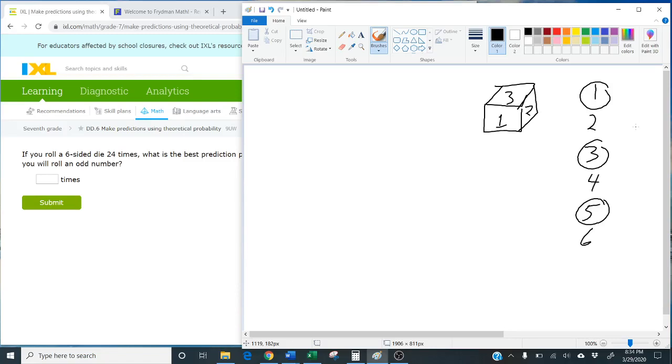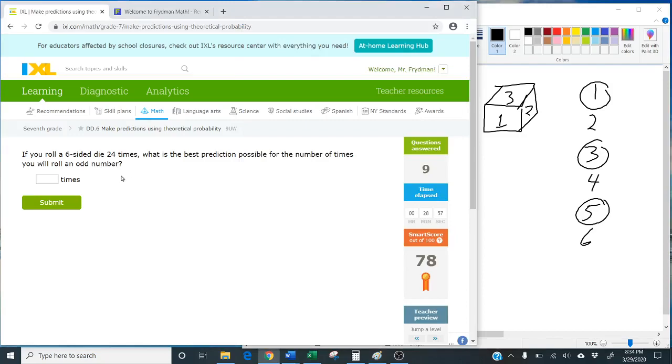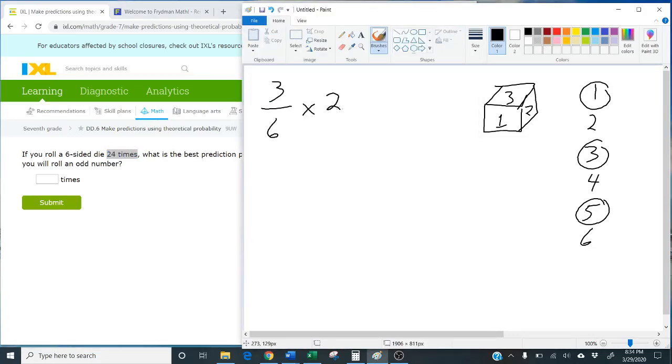So our probability is going to be 1, 2, 3 out of 1, 2, 3, 4, 5, 6. And if we take that and multiply by the number of attempts, how many times are we going to be rolling this die? We're going to roll it 24 times. In that case, we would get 72 over 6, which is equal to 12.